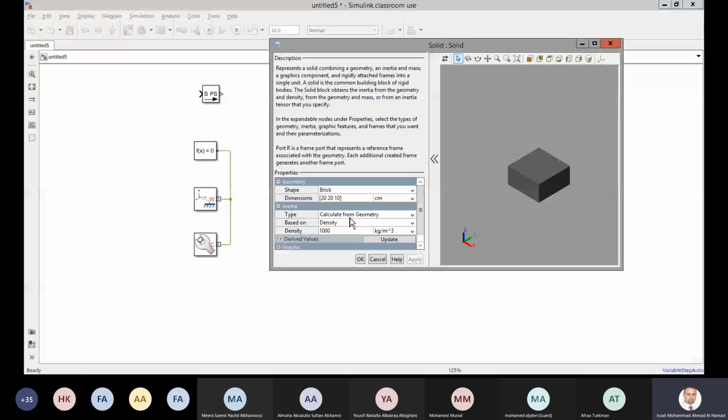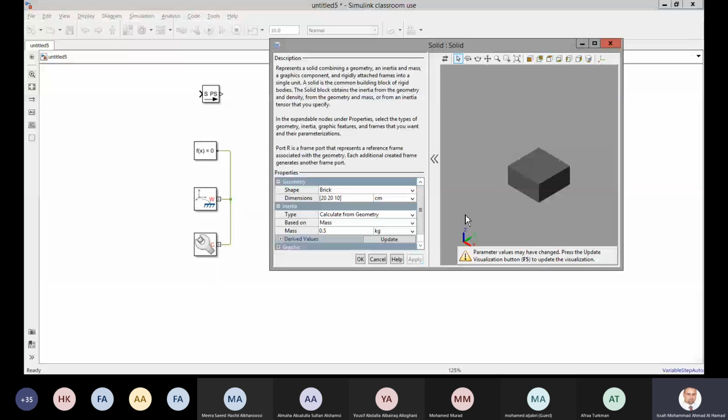Now inertia is the mass. You can enter the mass or density here. If you enter the density, it will take the geometry, take the volume and calculate the mass. Or you don't need to give any attention to the density. You just provide the mass and we can make it 5 kg.